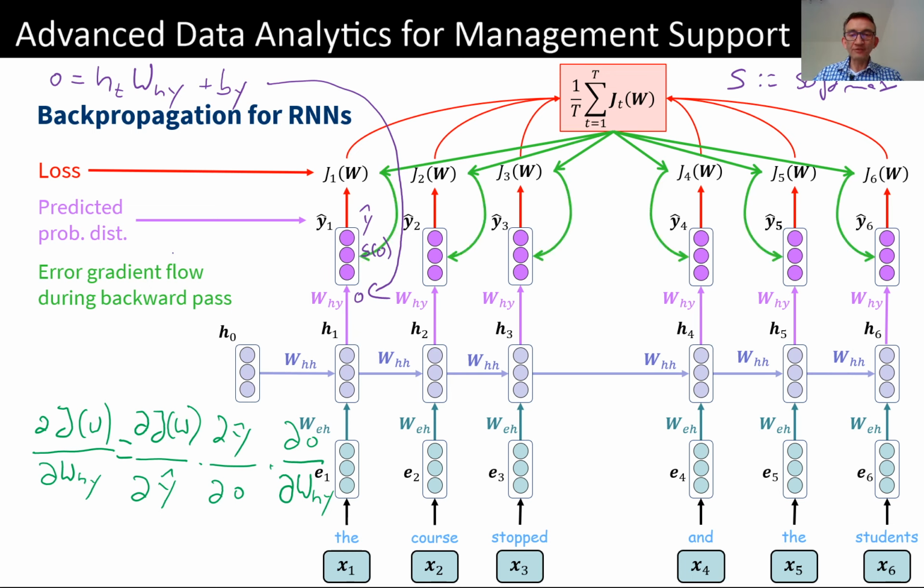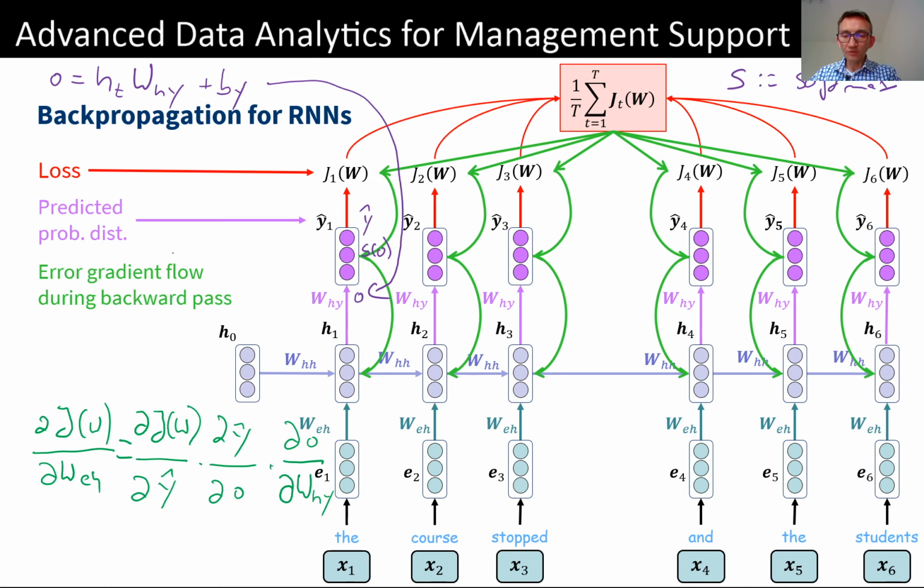And it continues like that. Once we have that derivative, we want to update a weight that is closer to the input. So if we want to update W_eh, for instance, we need to continue applying the chain rule. If we seek W_eh, we have to take it a step further.